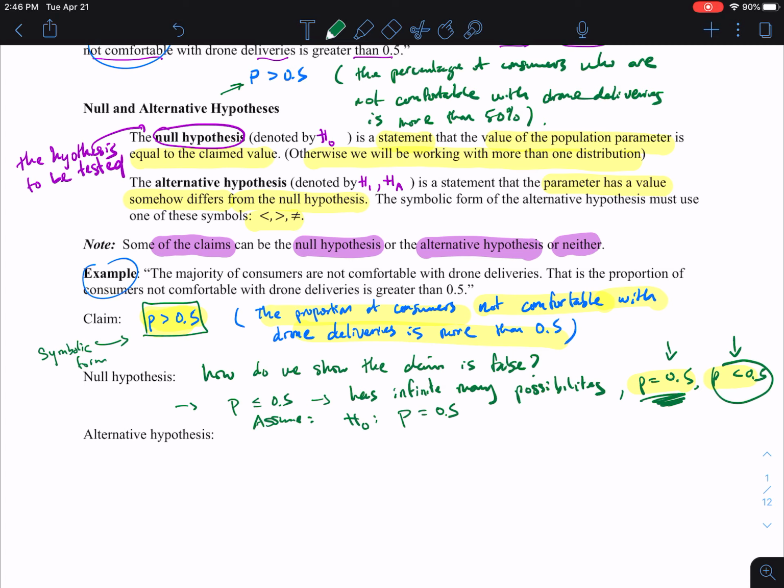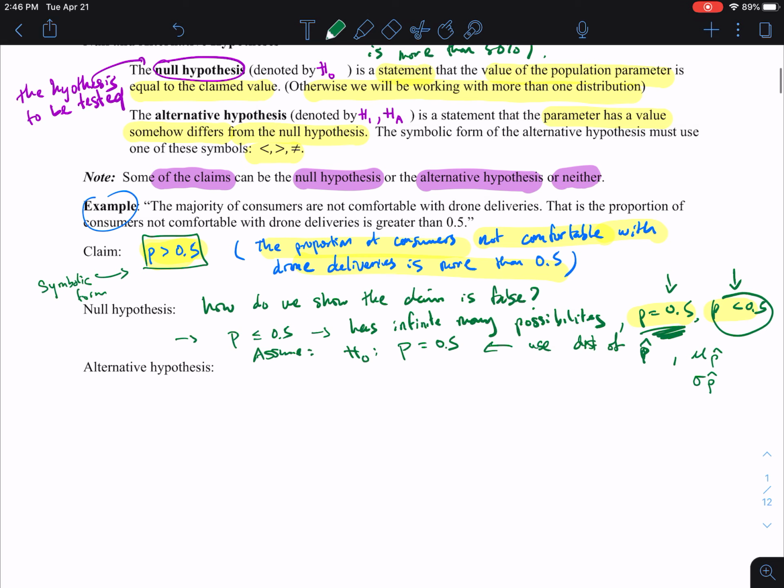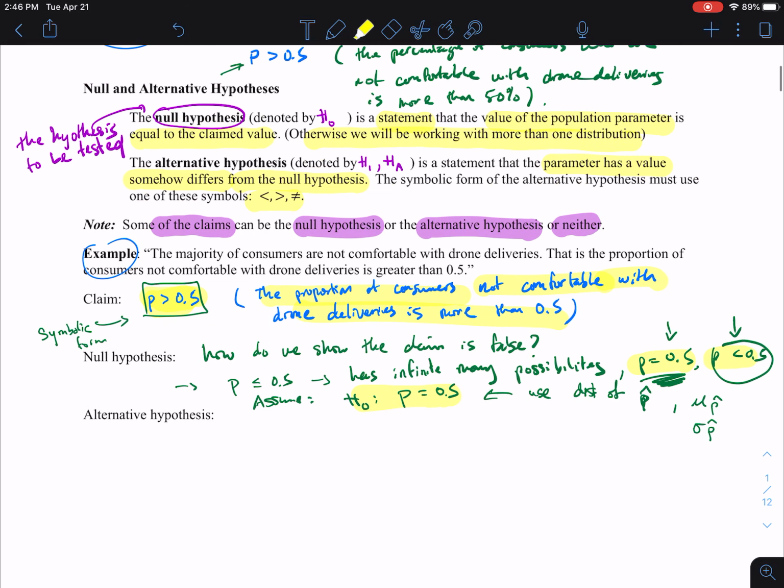We need a single value because this allows us to use the distribution of p hat, with mu of p hat and sigma of p hat. So the null hypothesis is always equal to the claim value, as we state in the definition.